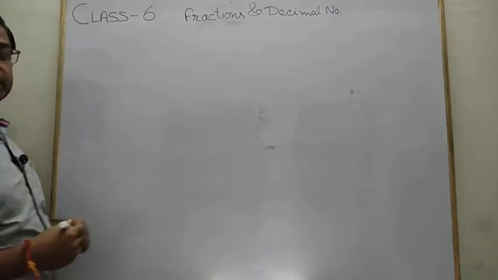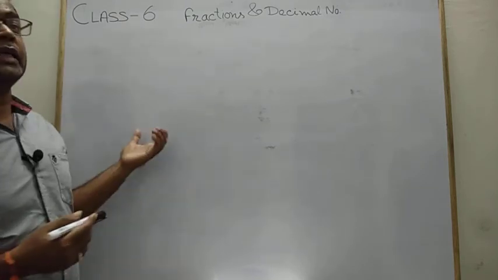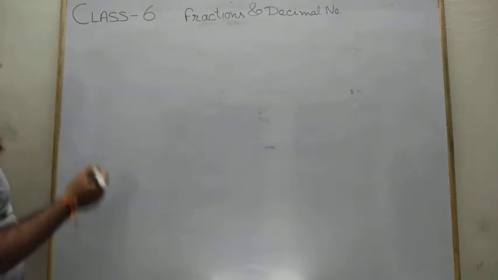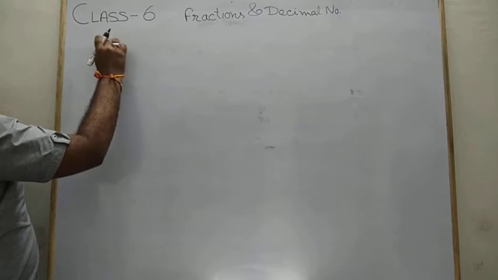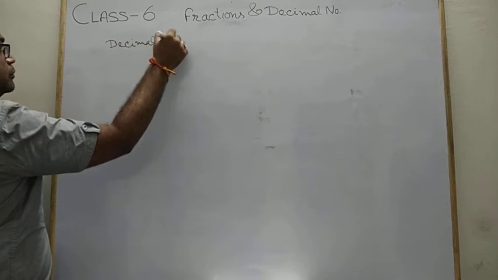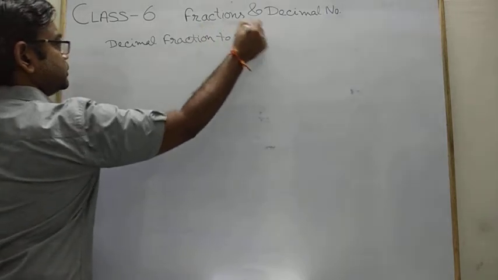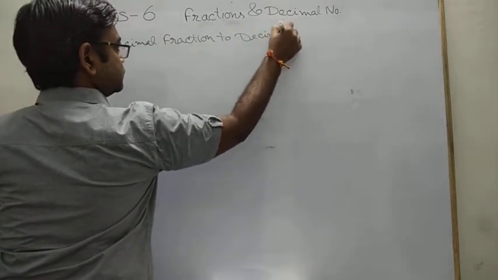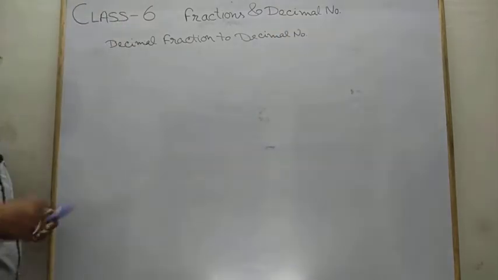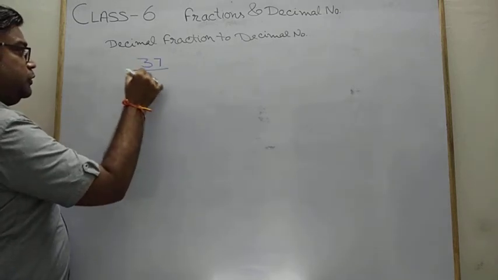First, expressing a decimal fraction as a decimal number, or converting a decimal fraction into a decimal number. How do we solve this one? For example, I am choosing only one question, that is this one, 37 upon 1000.